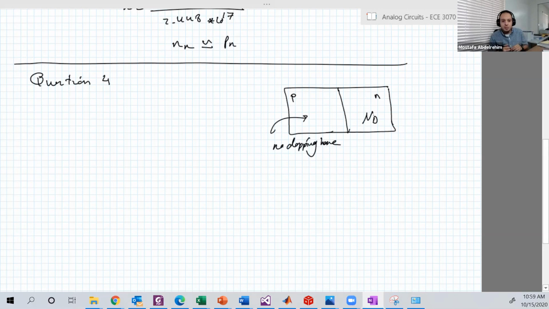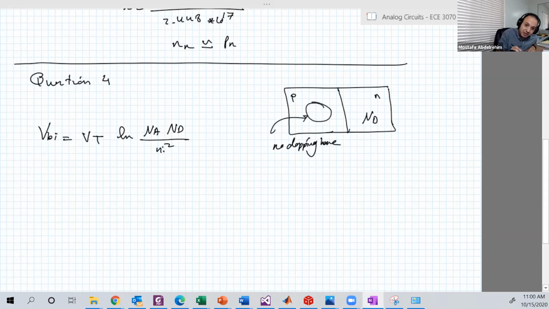So what is the built-in potential voltage? Basically, VBI equals VT ln of NA ND over Ni squared. If there is no doping here, that doesn't mean NA is equal to 0.